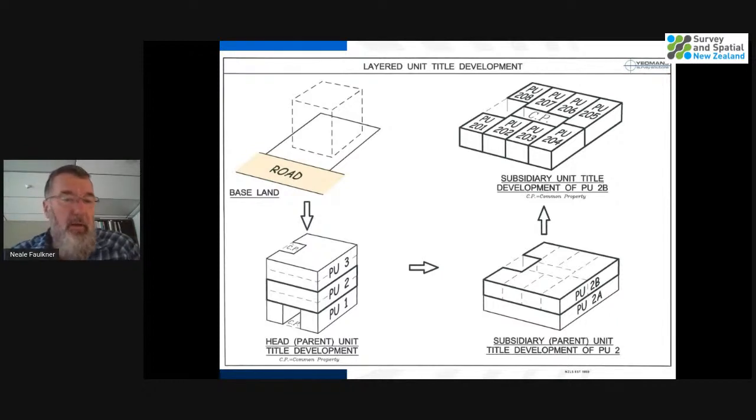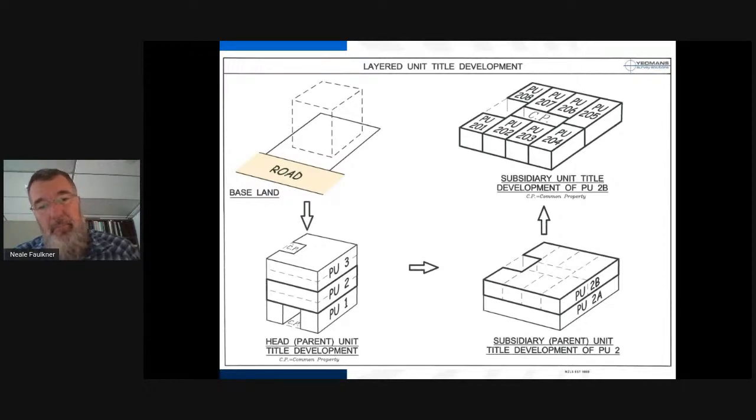PU1 for the retail, PU2 for the 2 floors of commercial, and PU3 for the 2 floors of residential, and its associated common property, for example the common lobby entrance in from the road, and maybe the lifts, etc. So at head level, there's common property relating to the 3 head units, and then we're going to break, in this example, principal unit 2, which might be the 2 levels of commercial. We're going to break it in 2 parts.